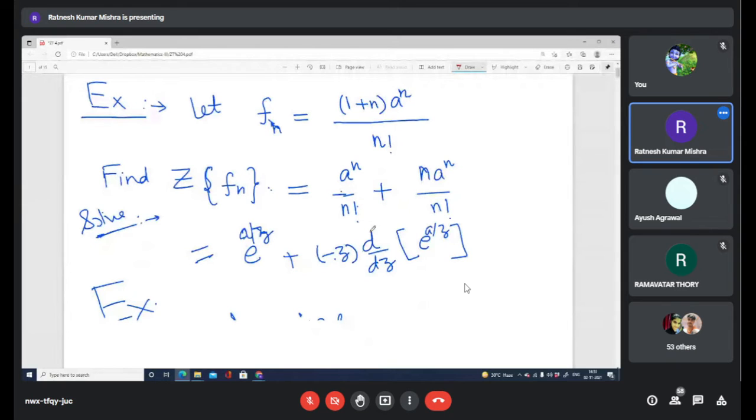Now expand this one. K equal to 0, so p power 0 is 1, q power n, and this is p0 q power n. The next one is k equal to 1, q power n minus 1.